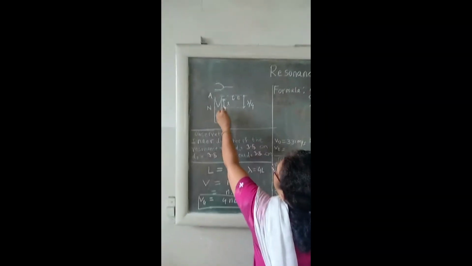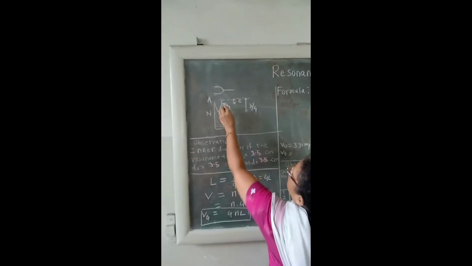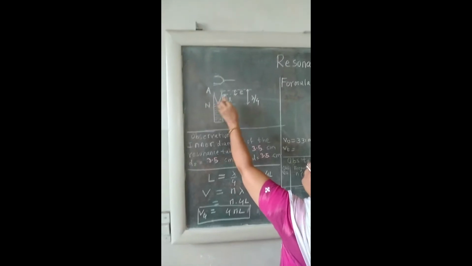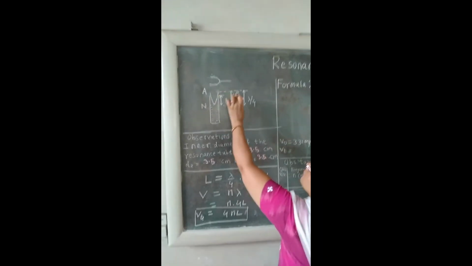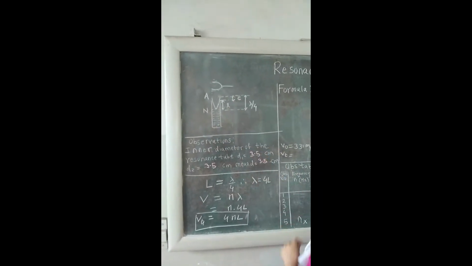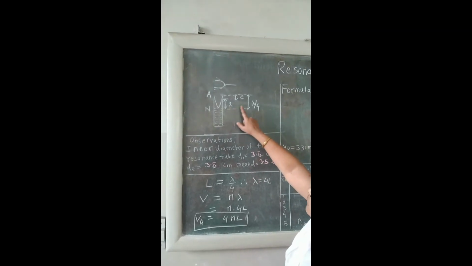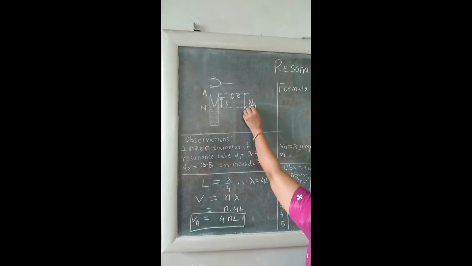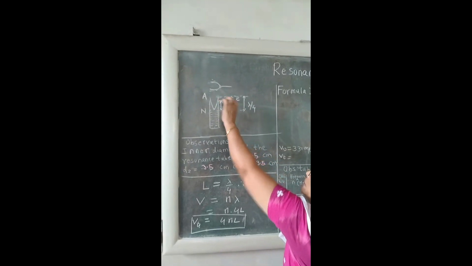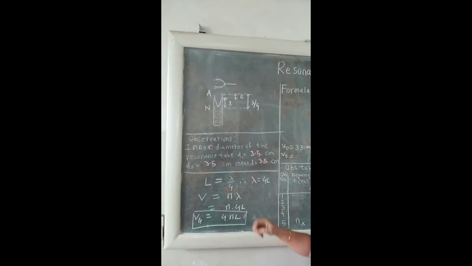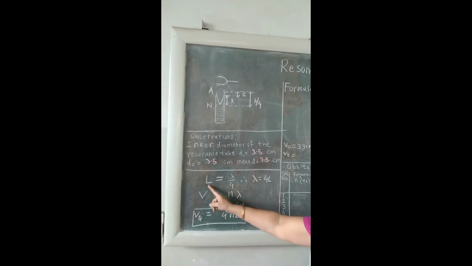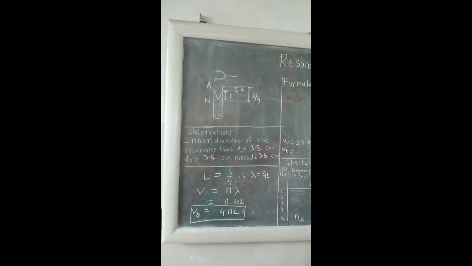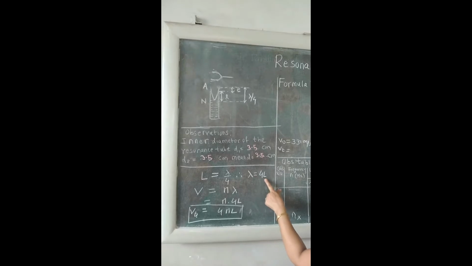We are getting the distance between node and antinode, which we measure in terms of small l, and if we add the end correction, which is 0.3 into d, you will get the total length as capital L, which is equal to lambda by 4, because we are getting a quarter of the wavelength. So capital L equals lambda by 4, right? So lambda is equal to 4L.